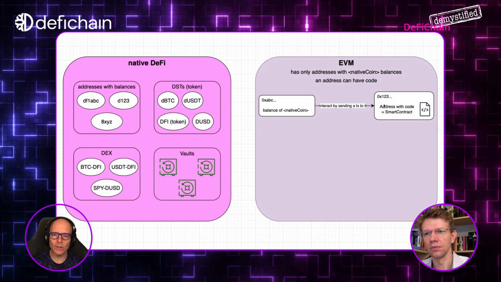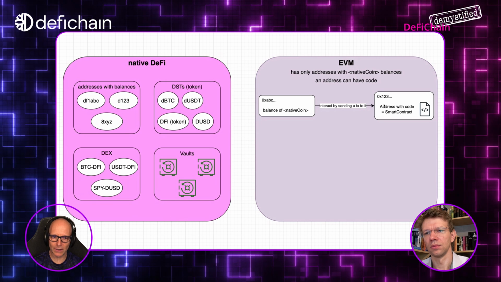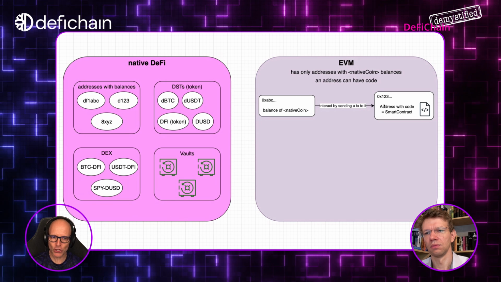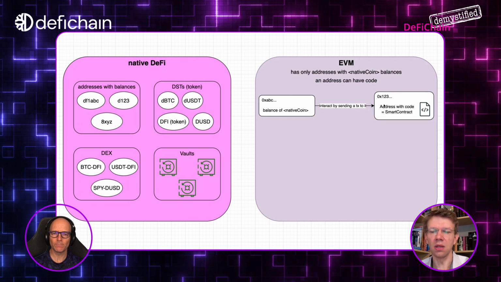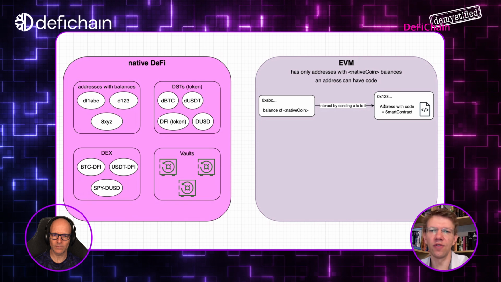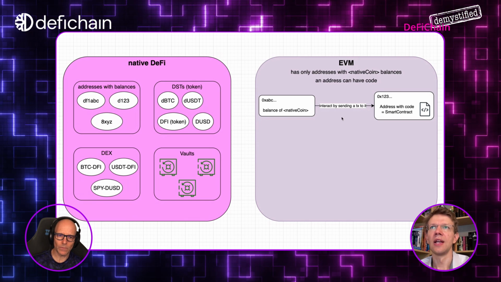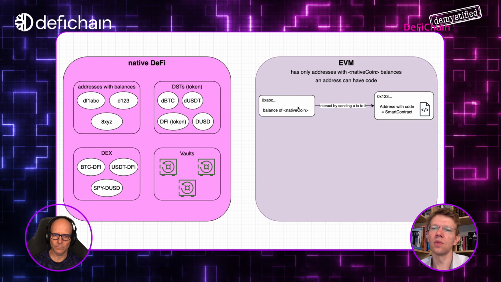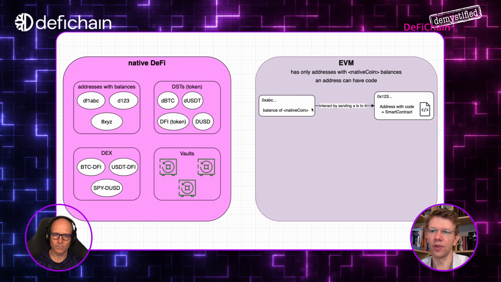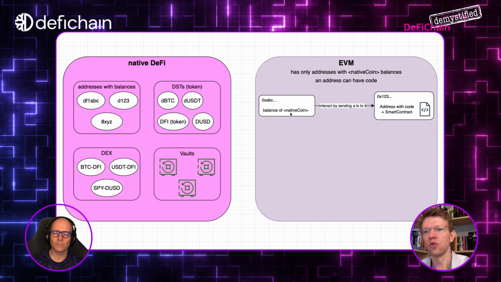Okay, one question, Kuki. So on this address, there has to be some amount of the native coin, a fraction of the coin? Doesn't have to. Okay. It could be, but same with DeFiChain, where I can have an address with zero balance. If this address wants to start a transaction, wants to do something, it needs the balance of the native coin in the address to pay the gas fees.